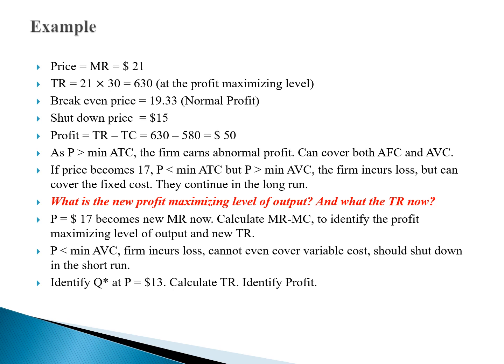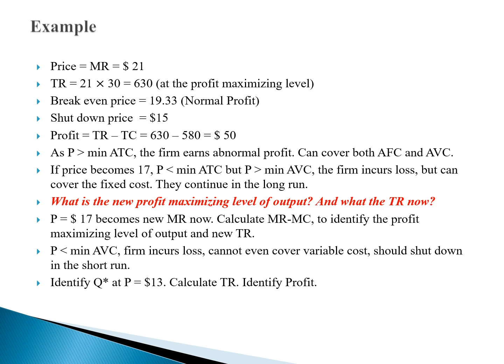So you do the same calculation that we have just done in the previous table. Take MR minus MC, try to identify where is the lowest positive difference between MR and MC, and what is the output at that particular level. And from there you can calculate the total revenue and profit both.